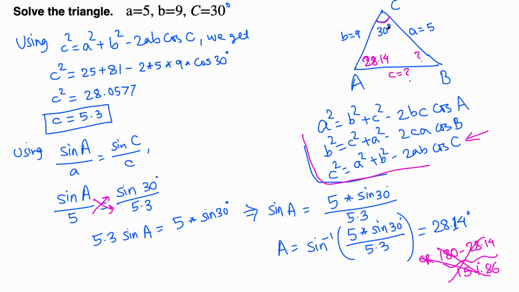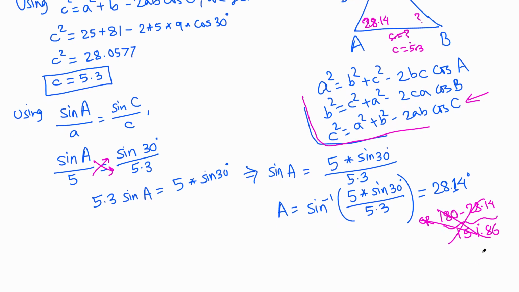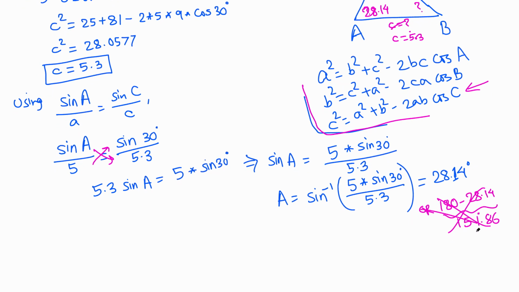Side c is 5.3, and that angle is 30. It makes sense to have only 28, because for side 5.3 we got 30, then for side a equals 5, smaller than 5.3, this angle should be smaller than 30. So the bigger angle was not the case anyway.